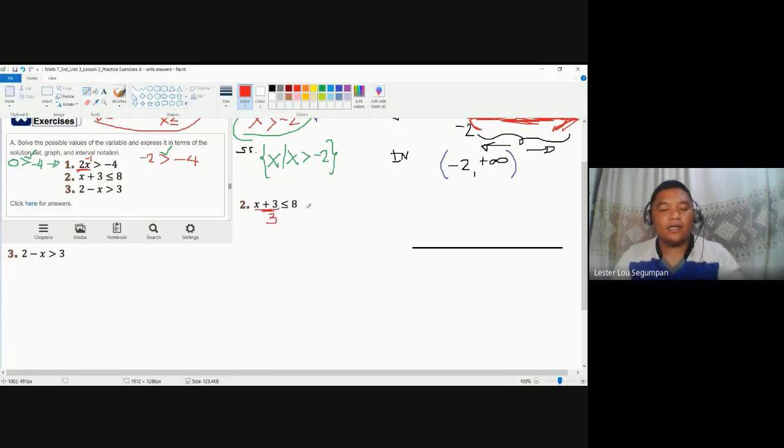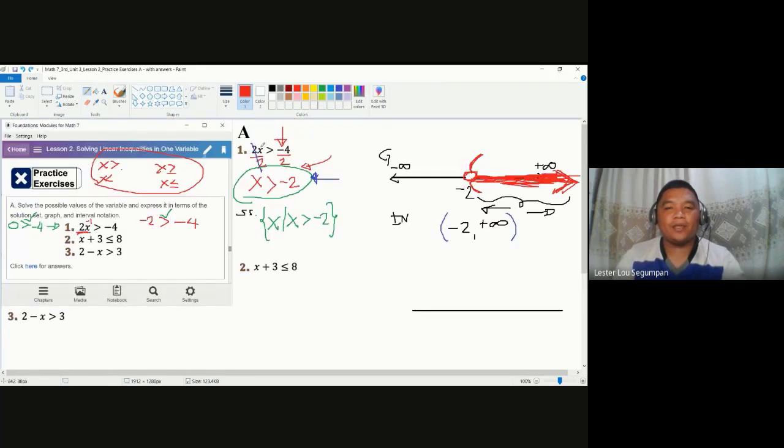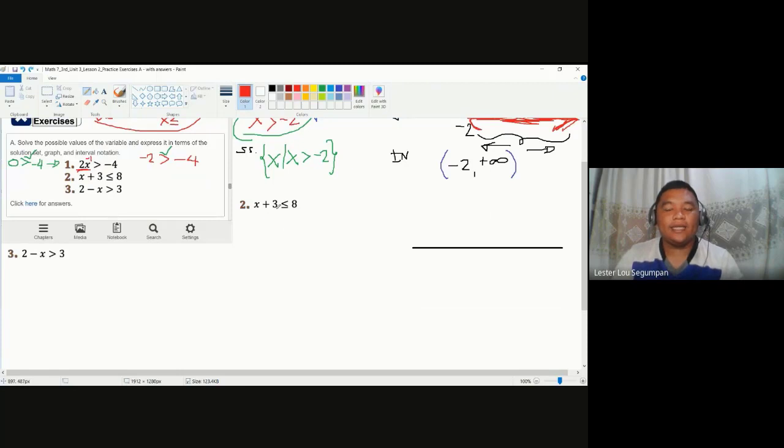Earlier, we divided both sides by 2 because the operation separating 2 and x is multiplication, so we do the reverse, the division property of inequality. Here, since the 3 is a positive value, we need to subtract using the subtraction property of inequality. It tells us that if this will become 0, the inequality will remain as it is.